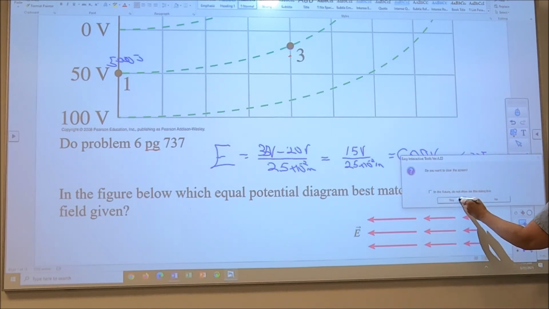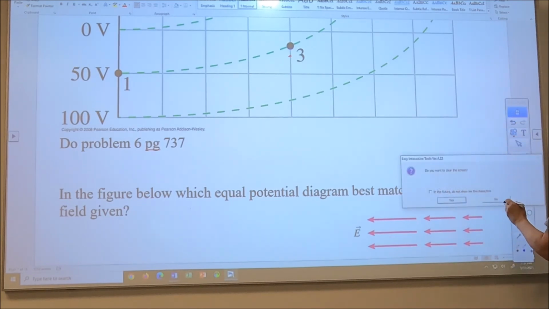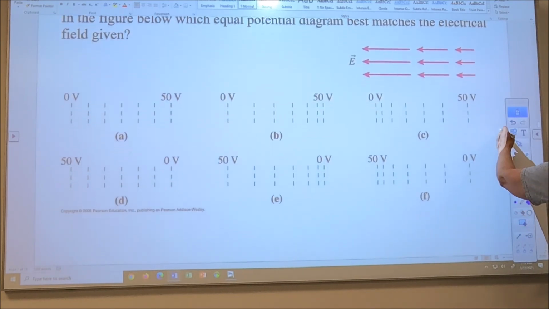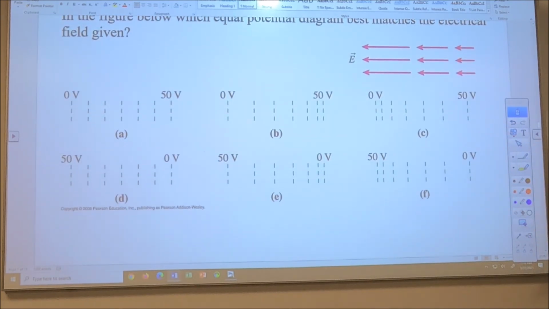Okay, guys, let's scroll up. Now, this is the stop and think problem, okay? On page 720 in your book, it's stop and think 26.2.